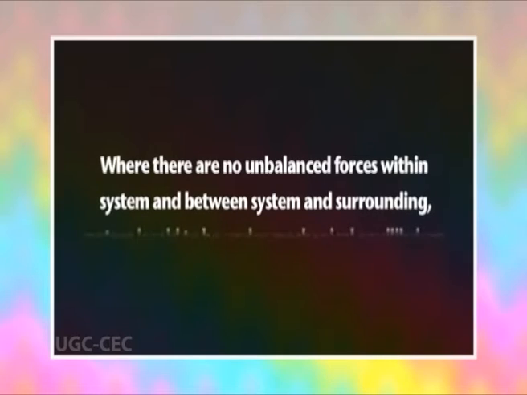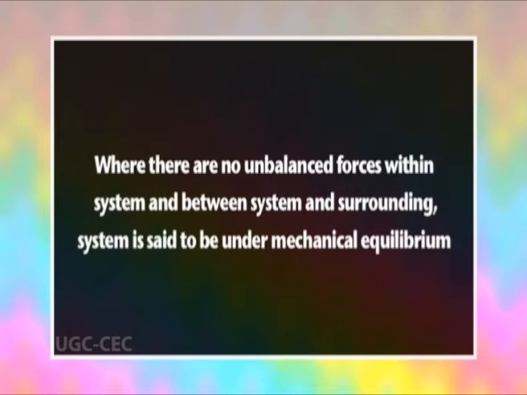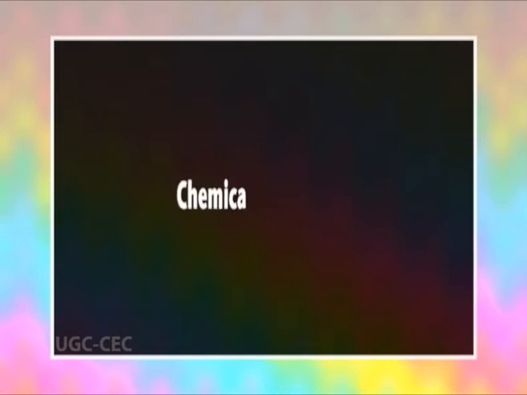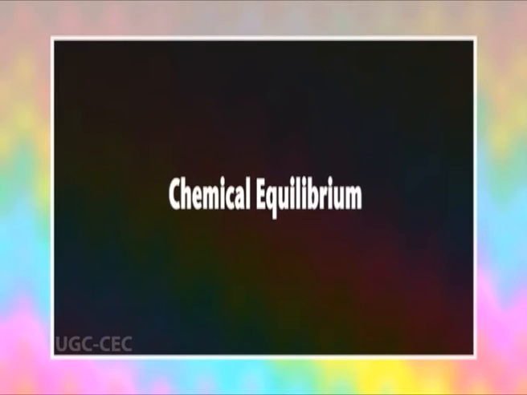When there are no unbalanced forces within the system and between the system and the surroundings, the system is said to be under mechanical equilibrium. The system is also said to be in mechanical equilibrium when the pressure throughout the system and between the system and surroundings is the same.